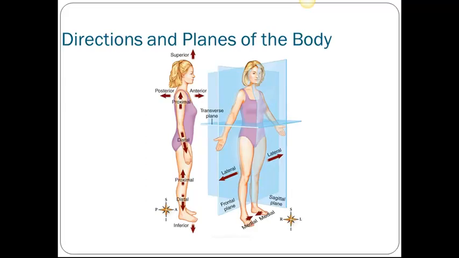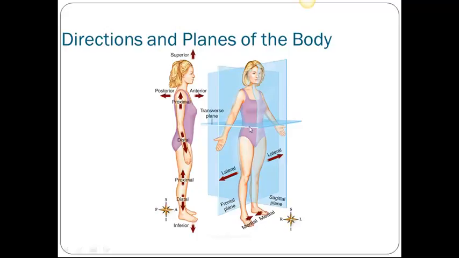This picture here talks about all the directions and planes. So just to review, superior meaning towards the top, posterior meaning towards the back, anterior meaning towards the front, proximal meaning towards the site of origin, distal meaning further away from the site of origin, and inferior towards the bottom.